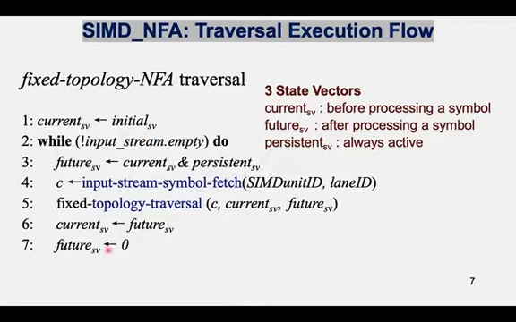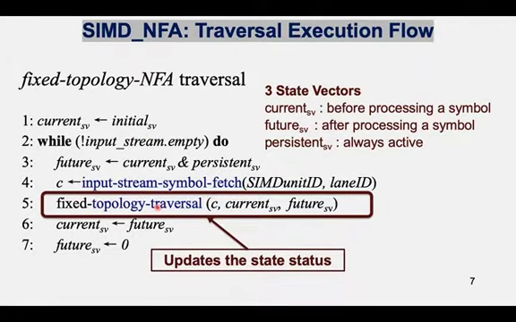The while loop will stop when the input stream is empty. The code looks serial, but in fact it is executed by every SIMD lane. At line 5, the traversal constantly updates the current state vector and future state vector. The layout of the state vectors is crucial for performance.